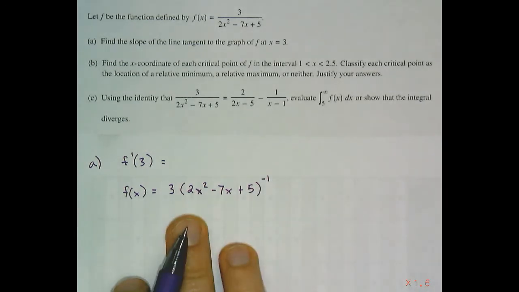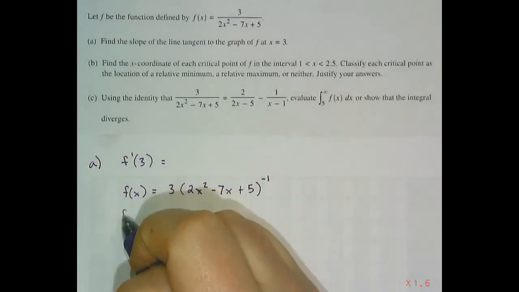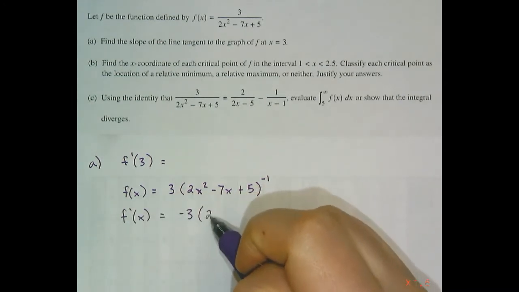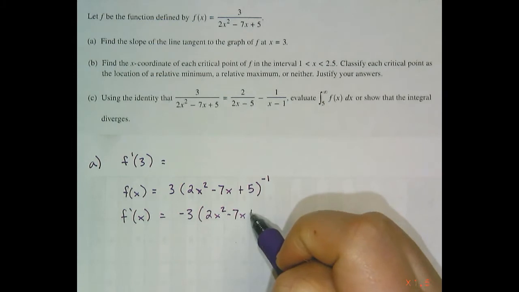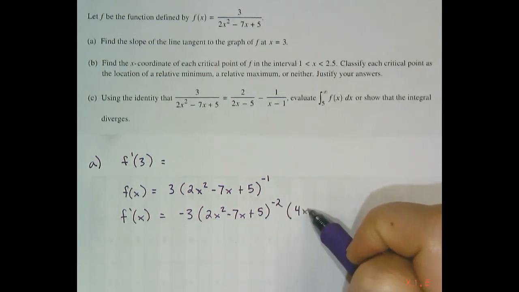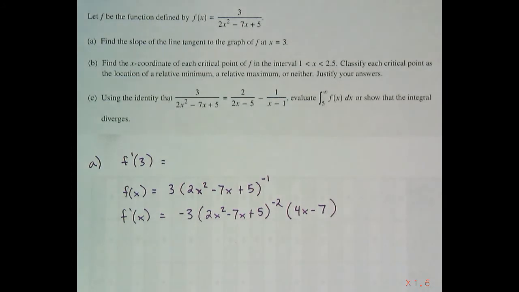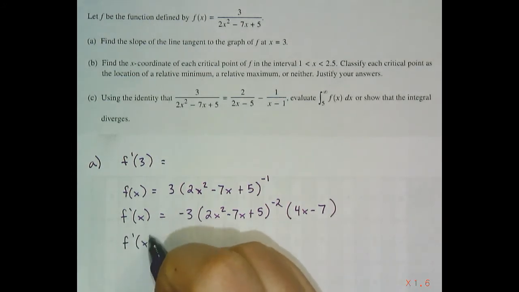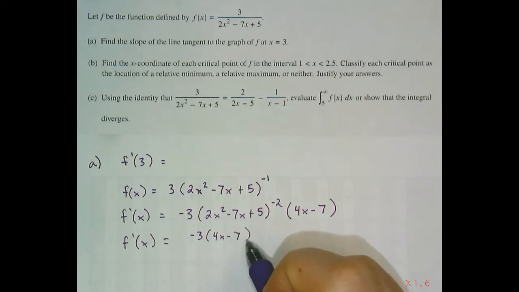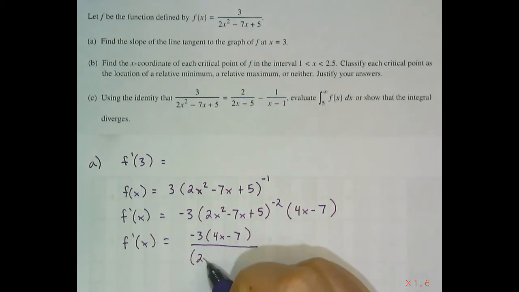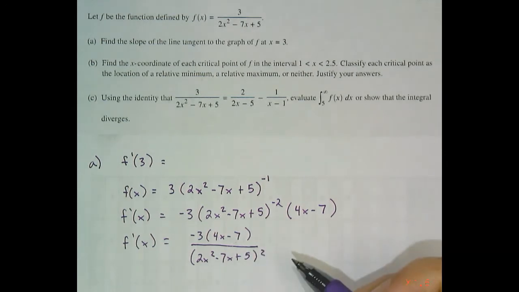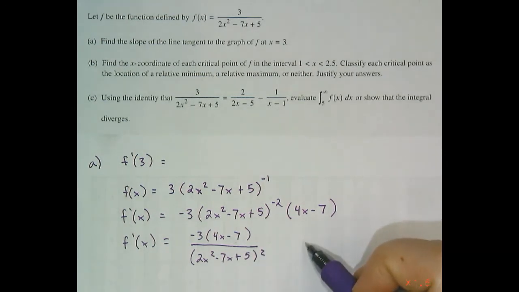So when we take the derivative of this function, we get negative 3 times (2x squared minus 7x plus 5) to the negative 2 times the derivative of the inside. So f prime of x is negative 3 times (4x minus 7) over (2x squared minus 7x plus 5) squared, and we evaluate that at 3.